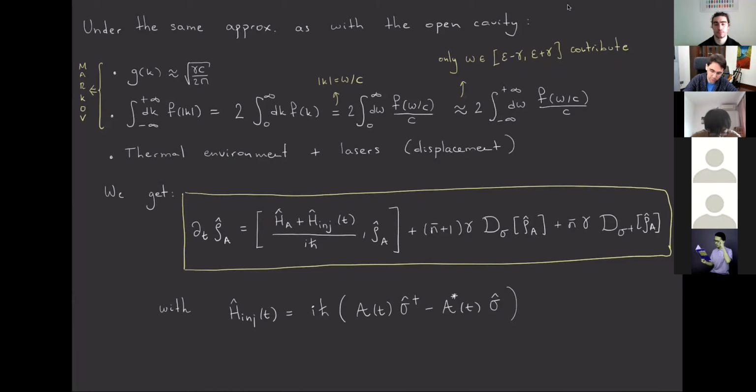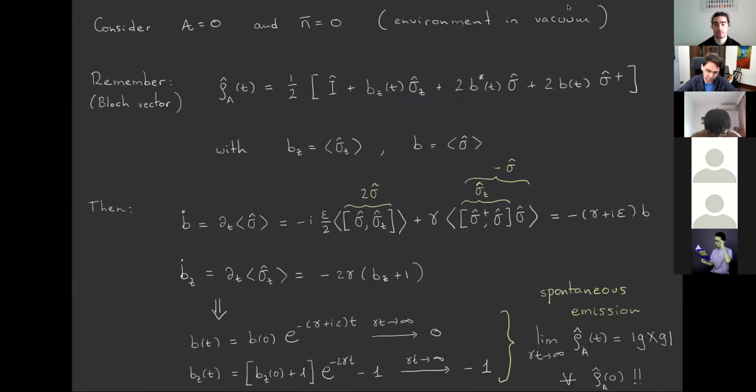to hand in. But what we did last week was studying this master equation that has only this process of interaction with the environment and exchanging excitations. So in particular, what we studied is that when we don't drive the cavity, so when we don't add any lasers, and when we have zero temperature, so the environment is at zero temperature, then what we saw is the evolution of the atomic state.